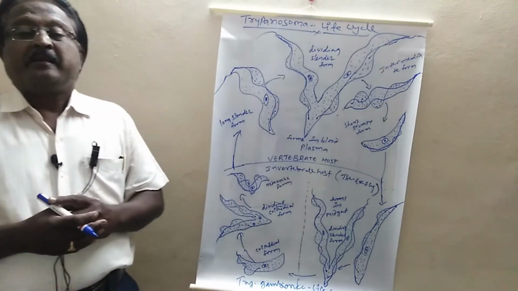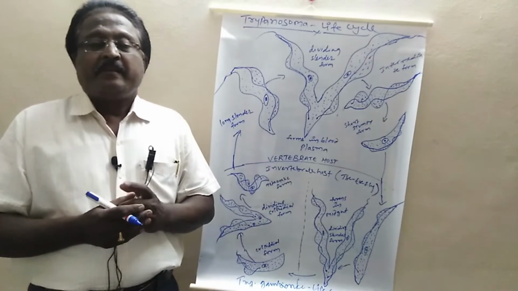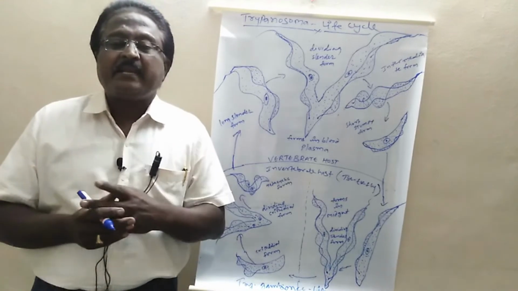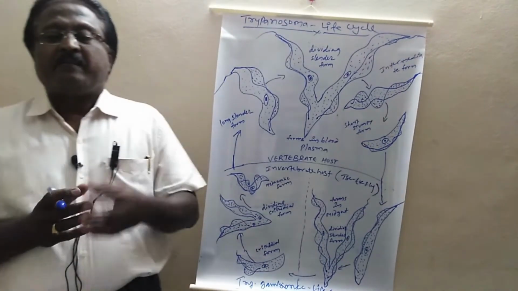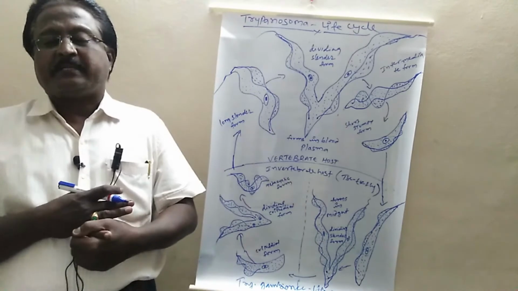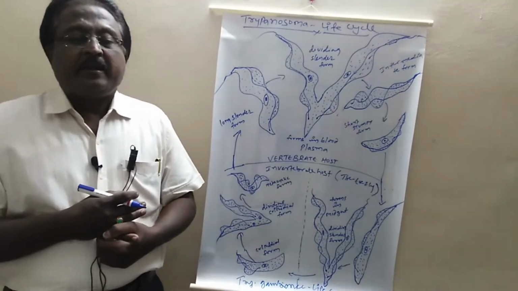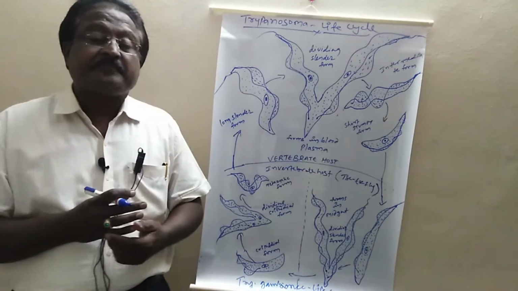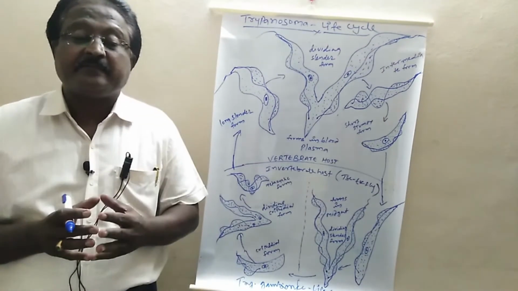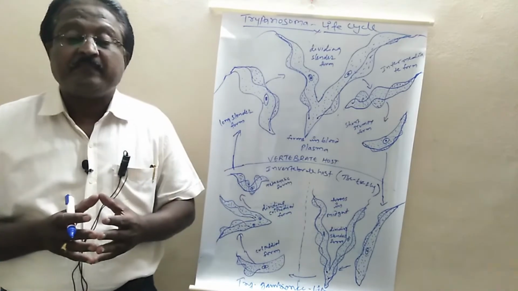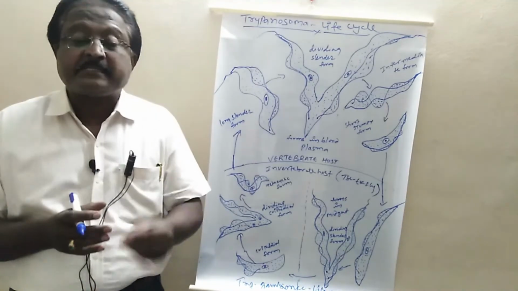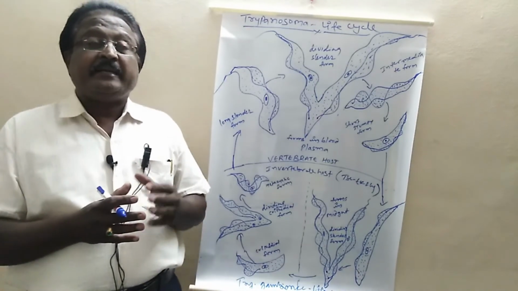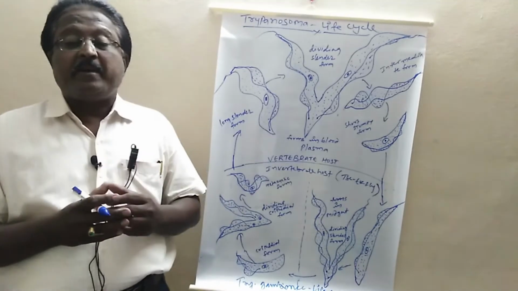So now man is the first and final host, and the secondary or intermediate host is the invertebrate host, that is the vector. Now when we see its life cycle, when a tsetse fly bites a man, Trypanosoma is introduced into the blood of man.